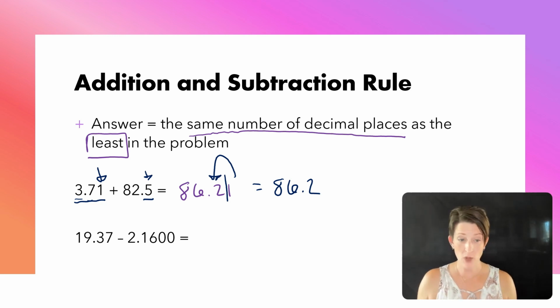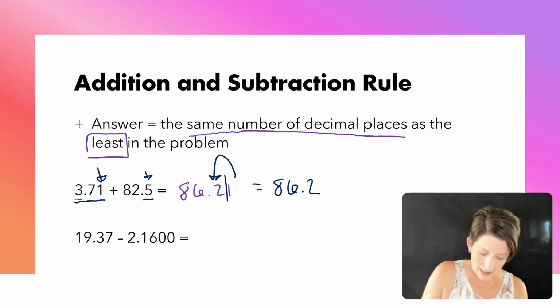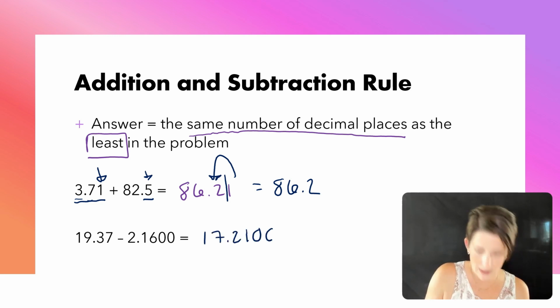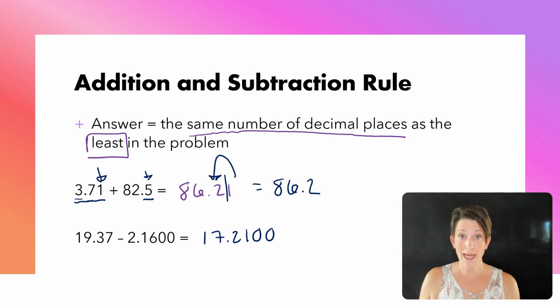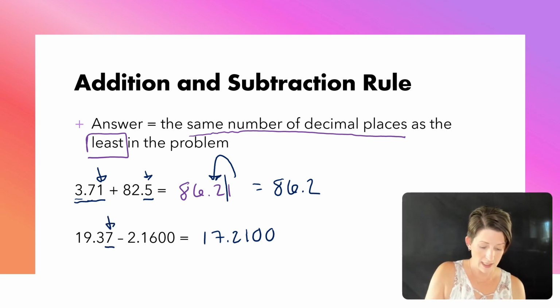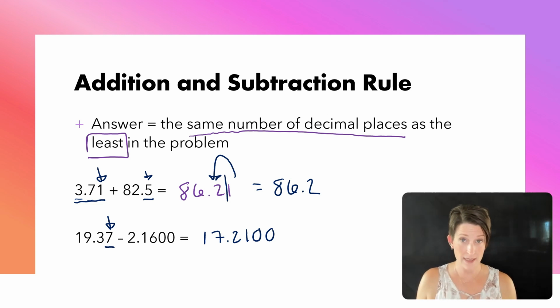We do the same thing with subtraction. So we take 19.37 minus 2.1600, and you're going to get 17.2100. Looking at the precision of our two numbers, the first number has a precision to the hundredths place.